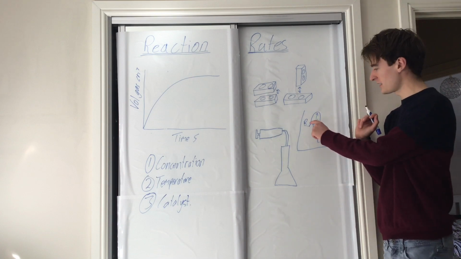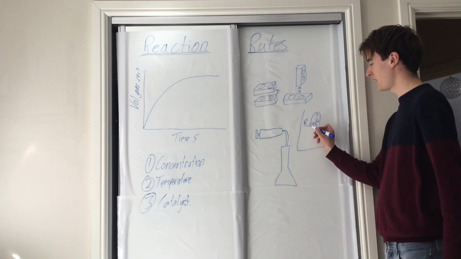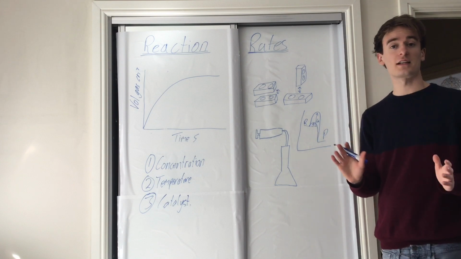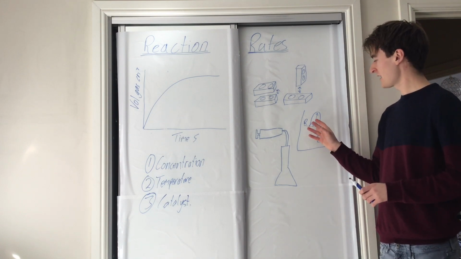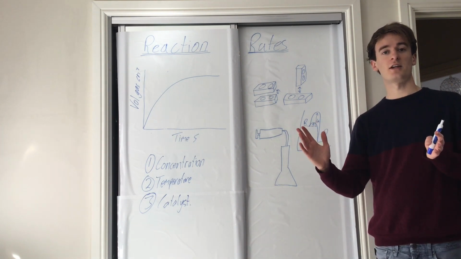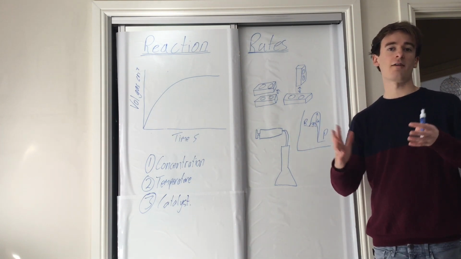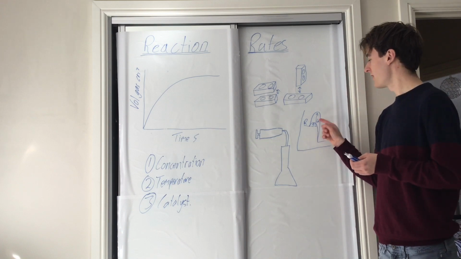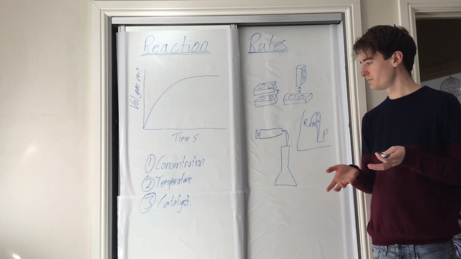See there how for this pathway, that's a lower activation energy from that reactant level. If I add a catalyst, more particles can overcome the activation energy. If more particles have that activation energy, then more particles can react.